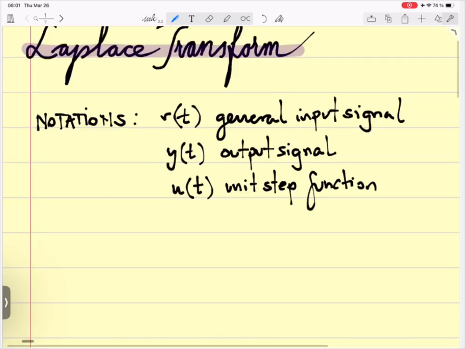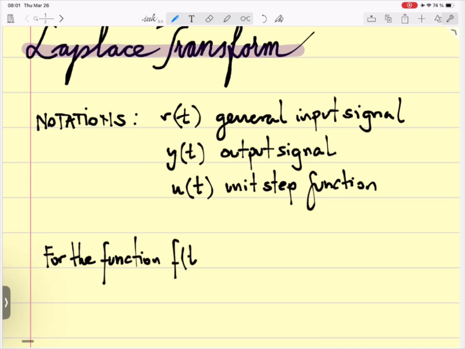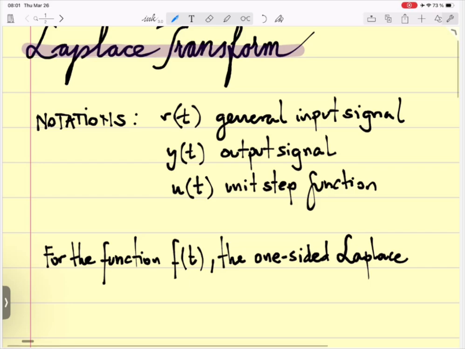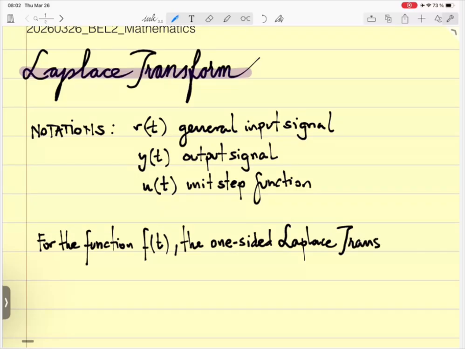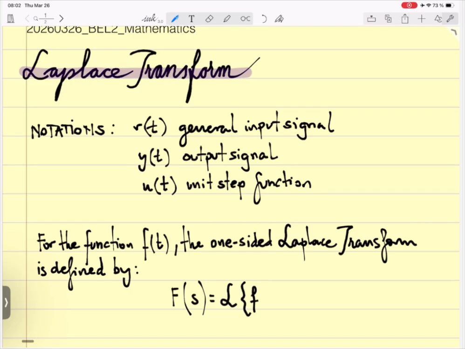So the Laplace transform is defined as follows. For the function f of t, the so-called one-sided Laplace transform is defined by F of s equals the Laplace transform L of f of t.